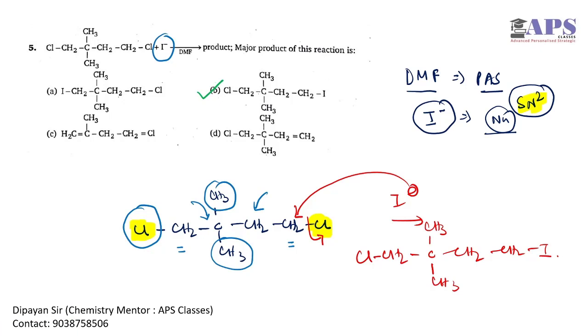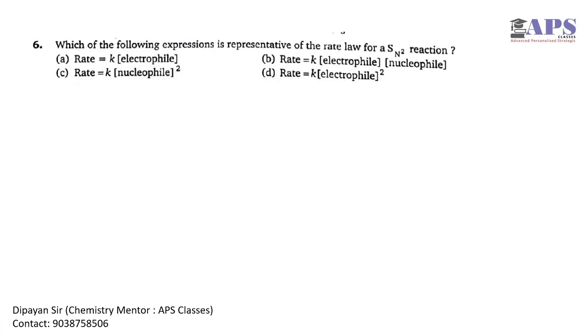Okay. The next question is, which of the following expressions is representative of the rate law of SN2 reaction? So SN2 is nothing but nucleophilic substitution, bimolecular. So see, this is coming from the order of the reaction. Order of the reaction is 2. Okay.